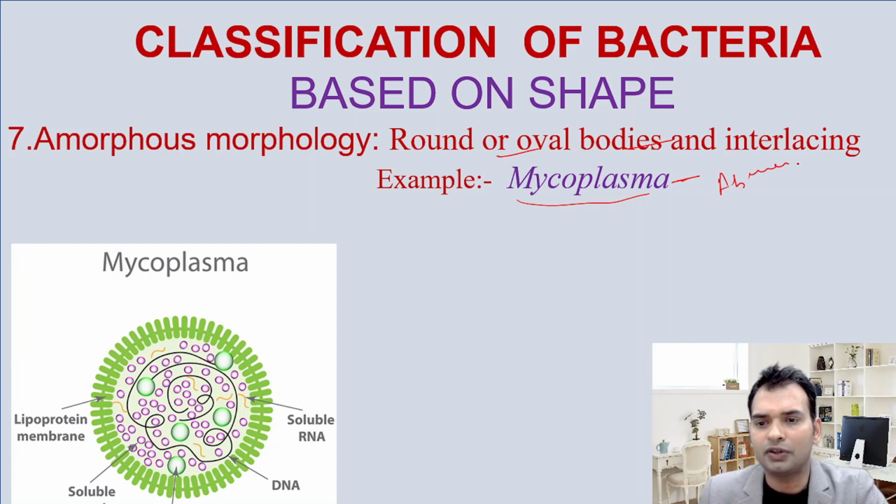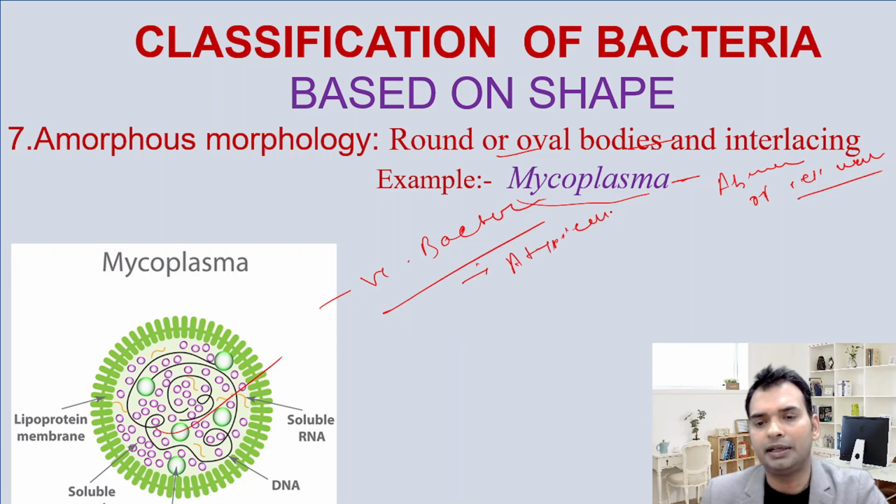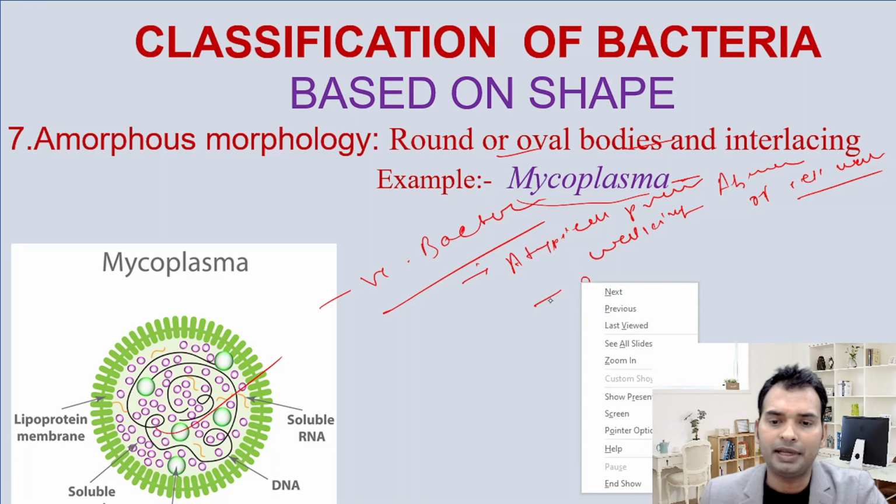They are gram-negative bacteria, and they produce atypical pneumonia, also called walking pneumonia. They also produce pelvic inflammatory disease.